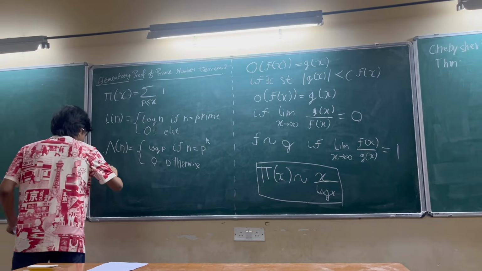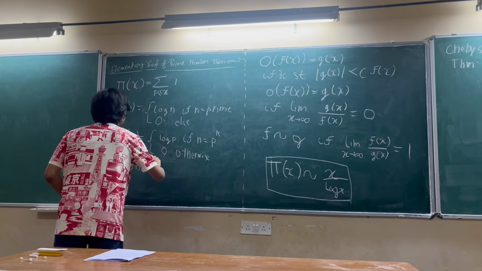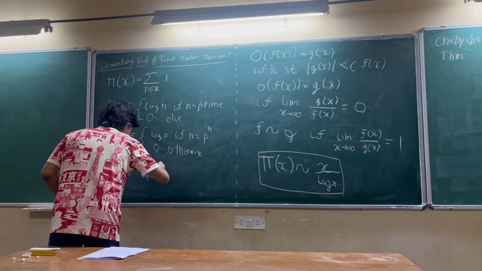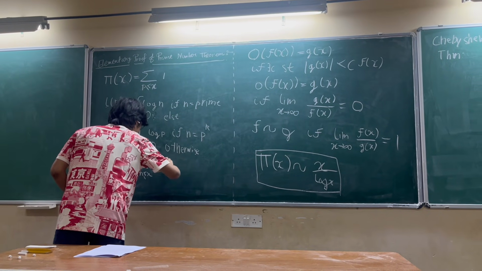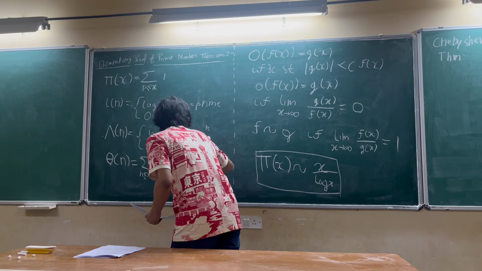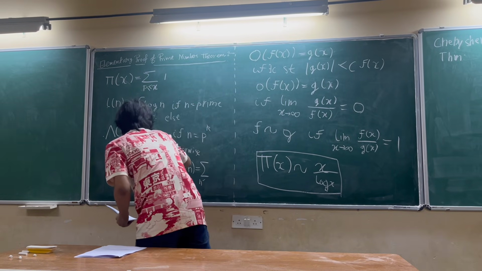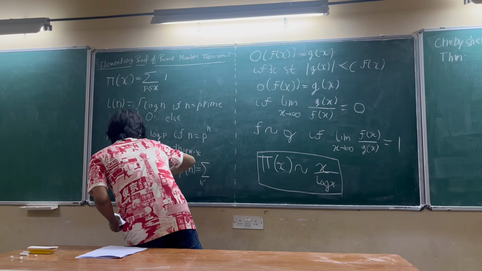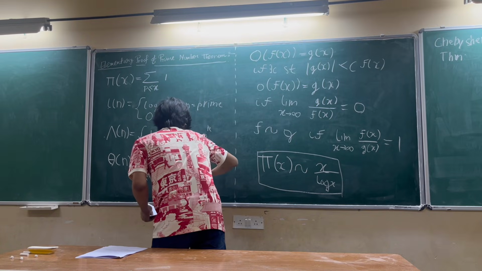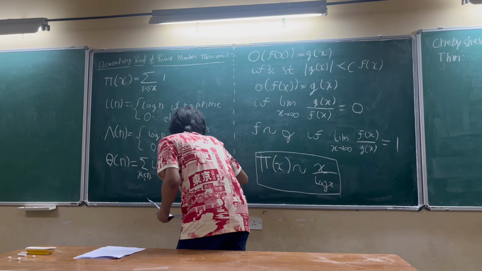We define theta of x as the summation over n less than or equal to x of small l of n, and I define psi of x as the summation over n less than or equal to x of lambda of n.